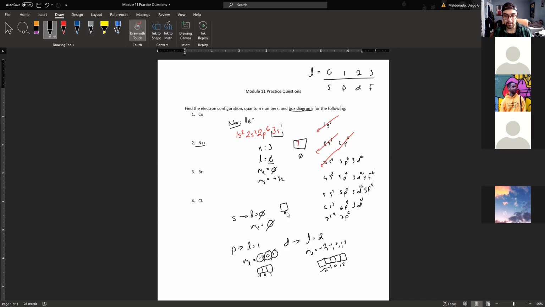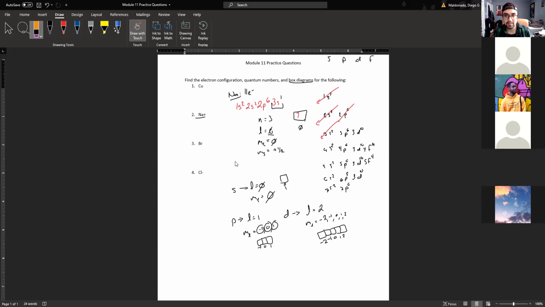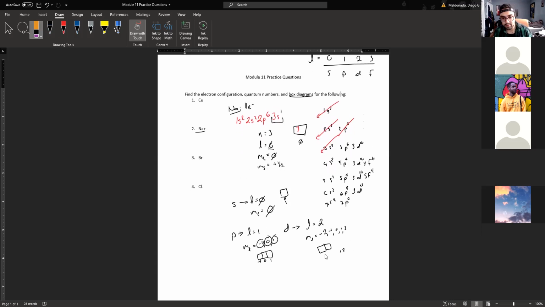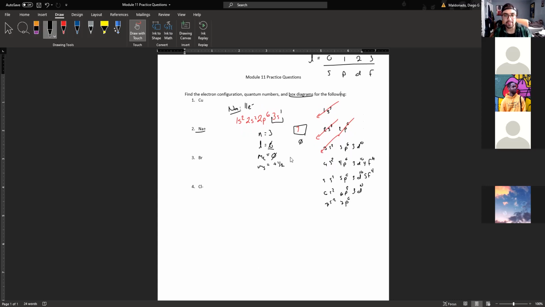Okay, cool. I'm going to erase that and scroll down a bit, just enough so you can see that portion. And then ms is the last value. MS comes from our electrons. Here we have only one upward electron.